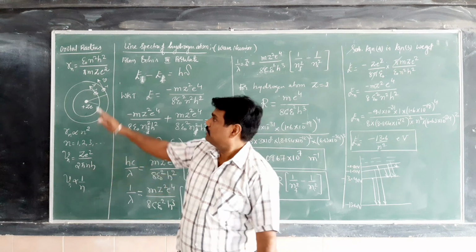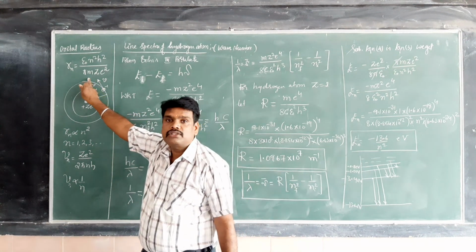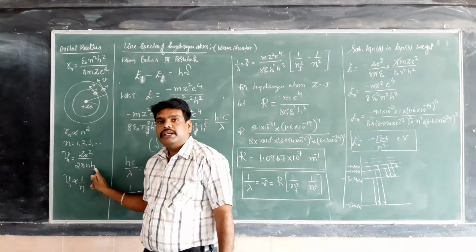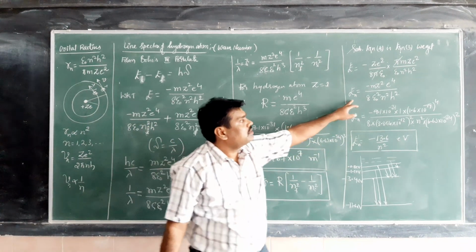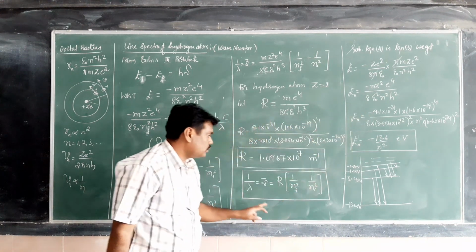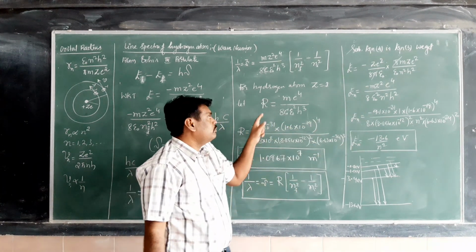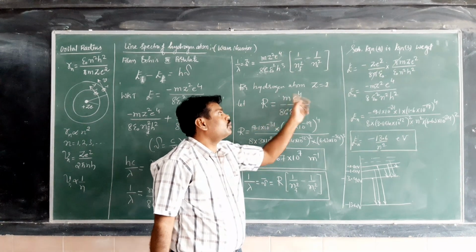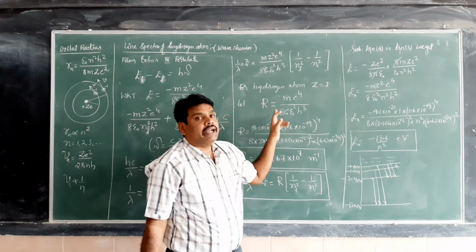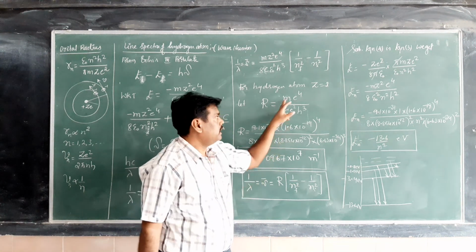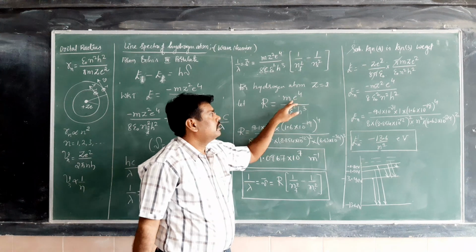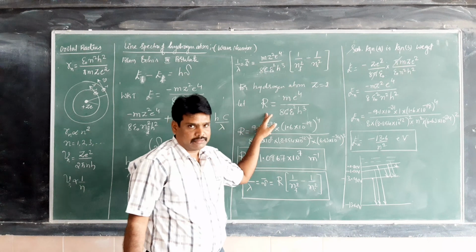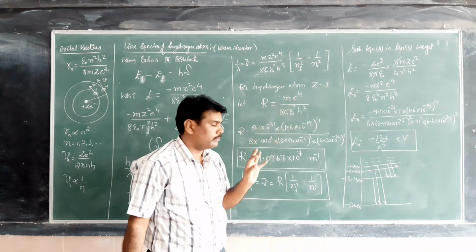That's why I am telling you to remember the formulas for the radius of the nth orbit, the speed of the orbital electron, the energy of the orbital electron, and also the wave number, and the Rydberg constant formula also. Generally it is m e to the power of 4 over 8 epsilon naught square h cube c, z square. Here I am writing it for the hydrogen atom; if I consider z square, that is the general Rydberg constant for any atom. This is for the hydrogen atom, because z is 1 for hydrogen.